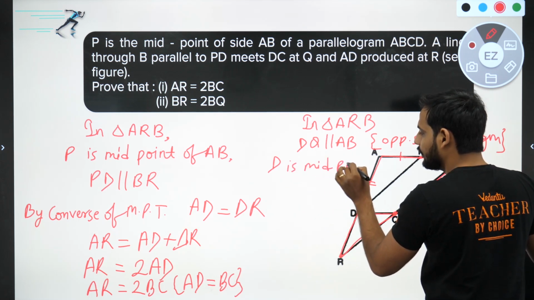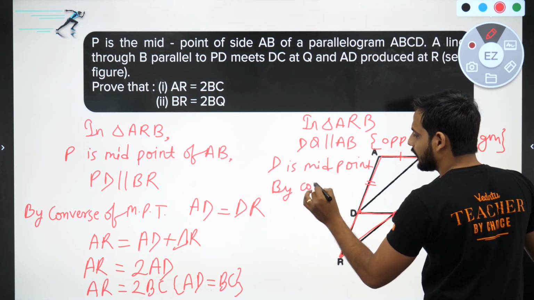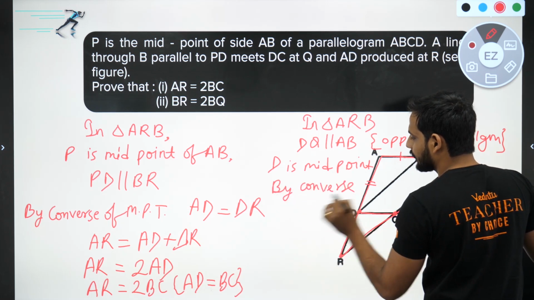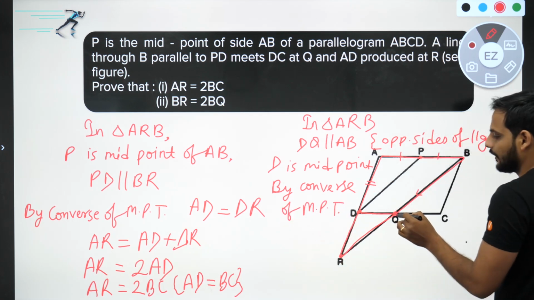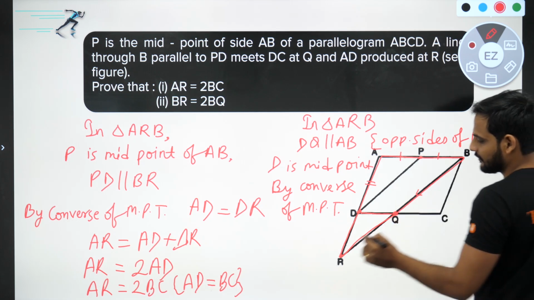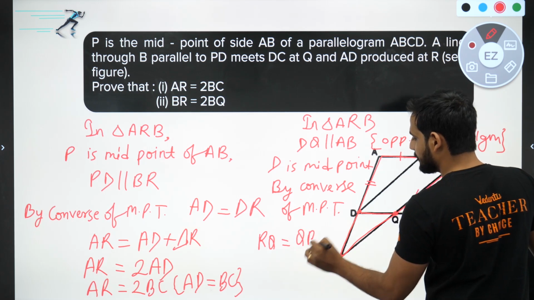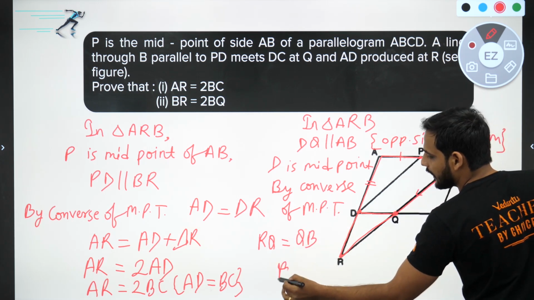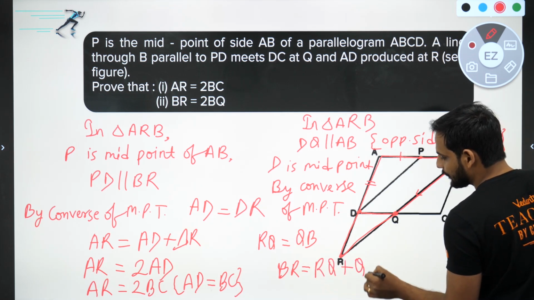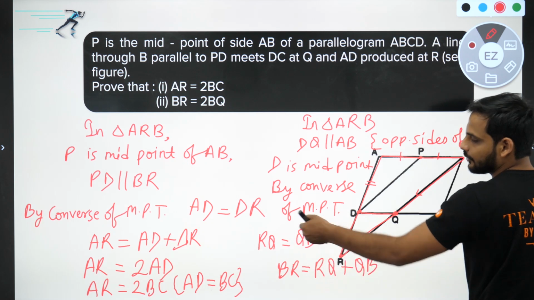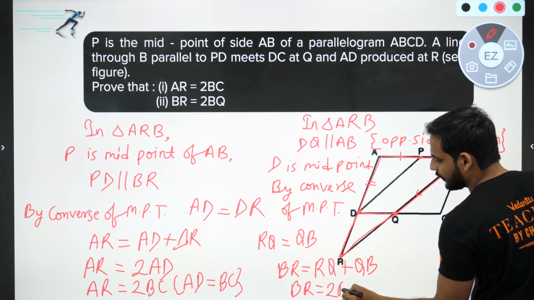So again I will use the converse of the midpoint theorem. By the converse of the midpoint theorem, you can say Q is the midpoint. If Q is the midpoint, you can say RQ is equal to QB, and again the same relation: BR is equal to RQ plus QB. Since both are equal, in place of RQ you can write BQ only. So BR will be equal to twice of BQ.